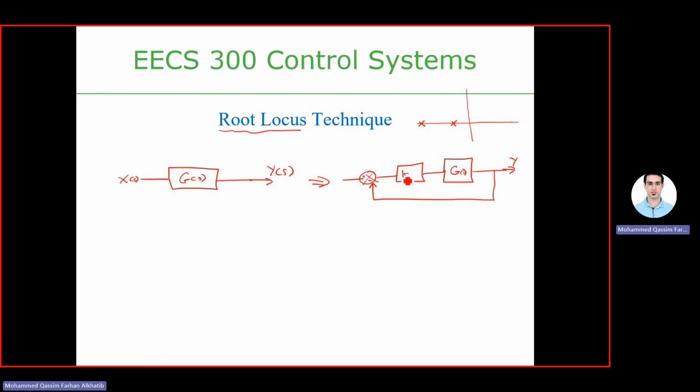But now you change K to 10, and you realize that this pole has moved to this side, and this pole moved to this side. Then make K equal 10 and 20, etc. So you vary K from 0 to infinity. Of course, we will not draw to infinity, but we'll draw something that describes the system response or behavior for different values of K.